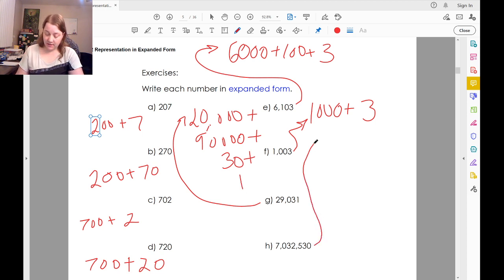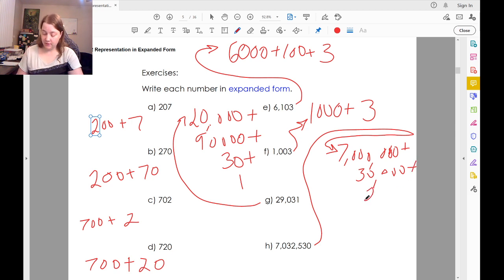And then for the letter H, that's going to be 7 million plus 30,000 plus 2,000 plus 500 plus 30. That is terrible handwriting, and you have my apologies. I'm doing the best I can on this.